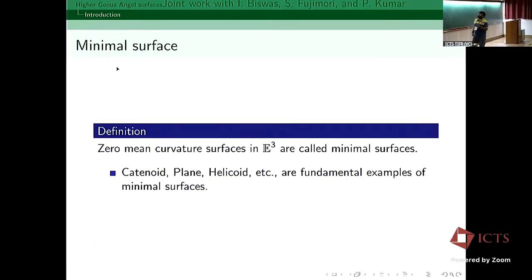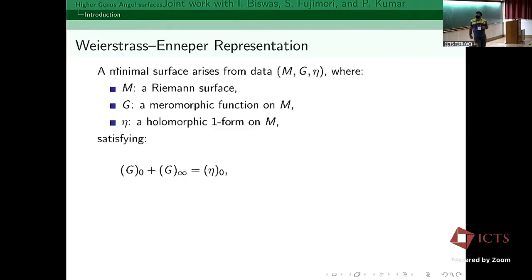So let's start. For me, a minimal surface is a zero-mean curvature surface in Euclidean space. We have examples like the catenoid, plane, helicoid, etc. Any minimal surface admits a Weierstrass representation.